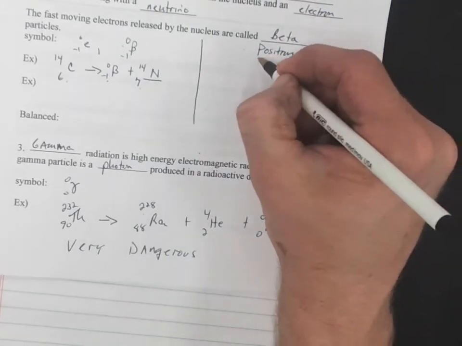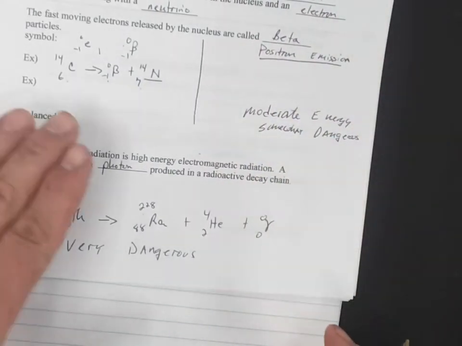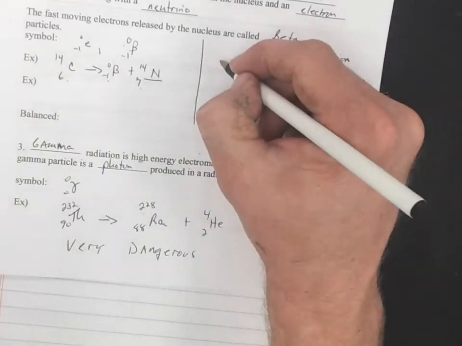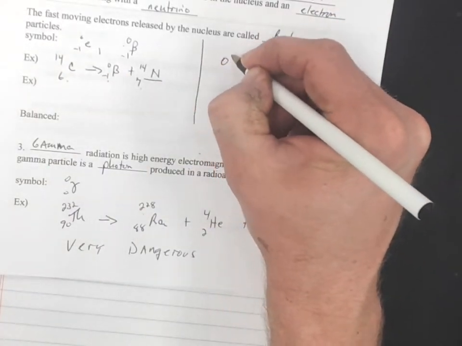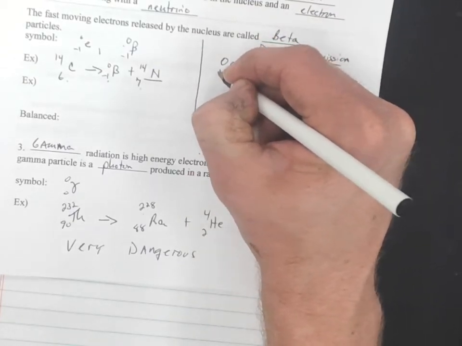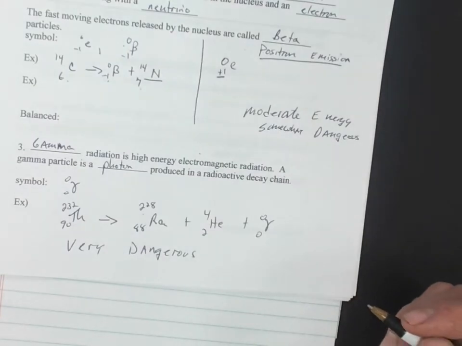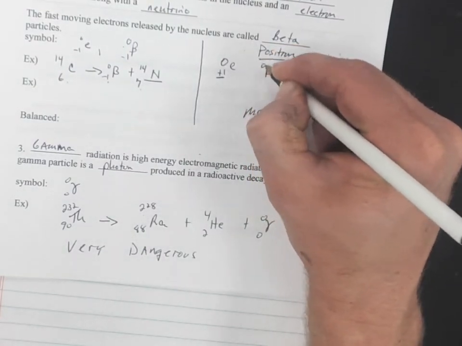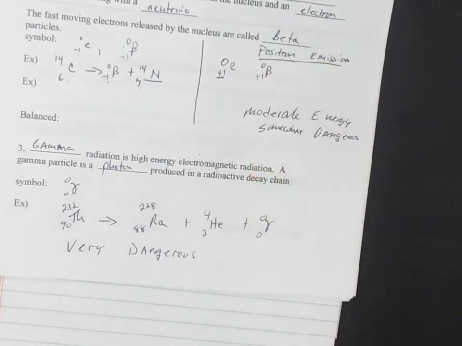There's one more that I want to add because it's very similar to beta decay. It's called positron emission. A positron is identical to a beta particle, but it has a charge of +1 rather than -1. It is not a proton. A proton has a mass of +1.